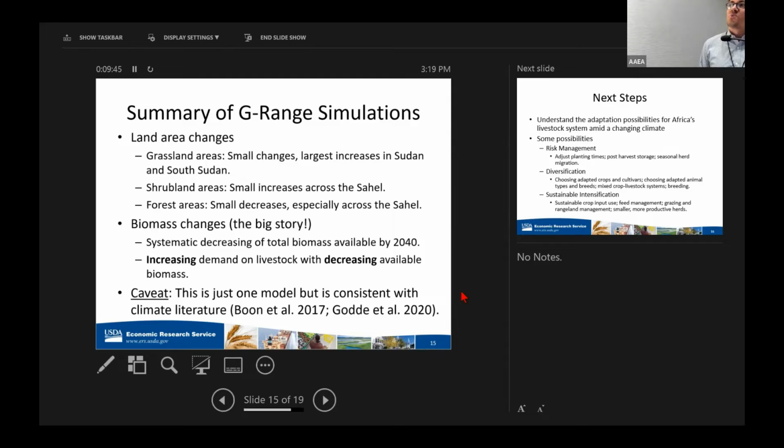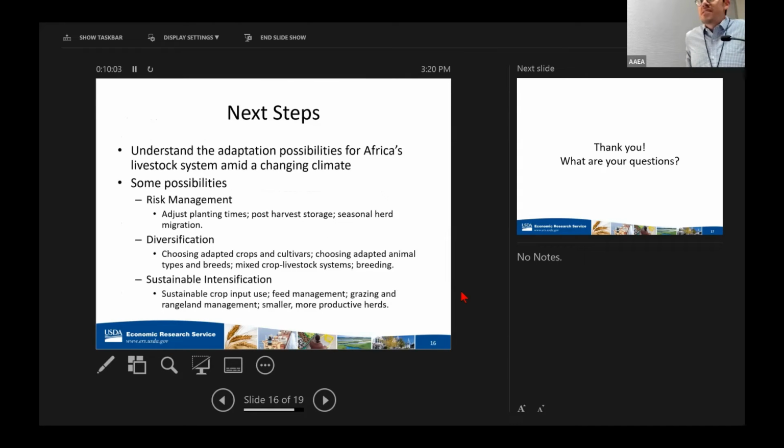The climate modelers want me to emphasize and point out that this is just one model. There are lots of different ways to model the environment, to model climate change. But these results are consistent with a lot of the results in the climate literature. So this motivates some next steps for us and for others to try to understand adaptation possibilities for Africa's livestock system amid a changing climate.